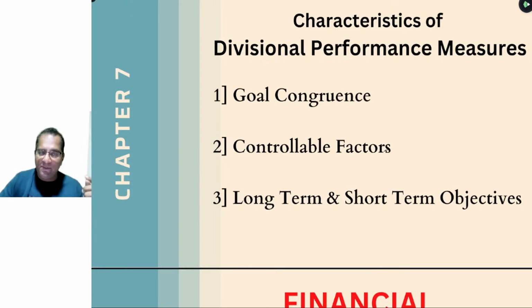When we are measuring the performance of a particular department, we are considering only and only the financial detail. Indirectly, we are ignoring the non-financial detail. That is, we are not focusing on the requirement of other stakeholders other than the shareholder.